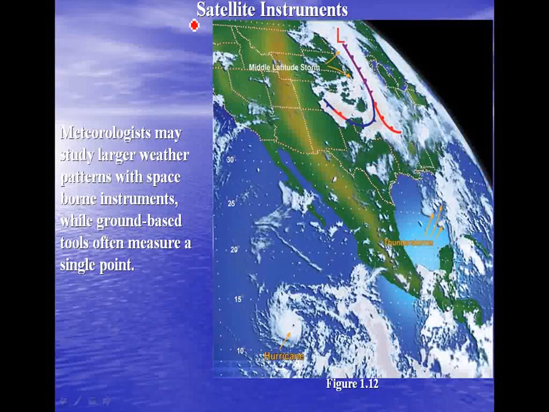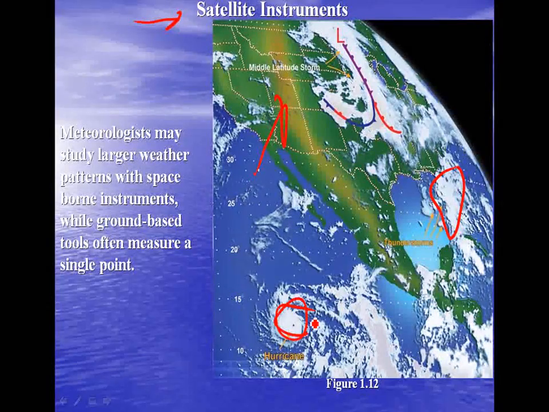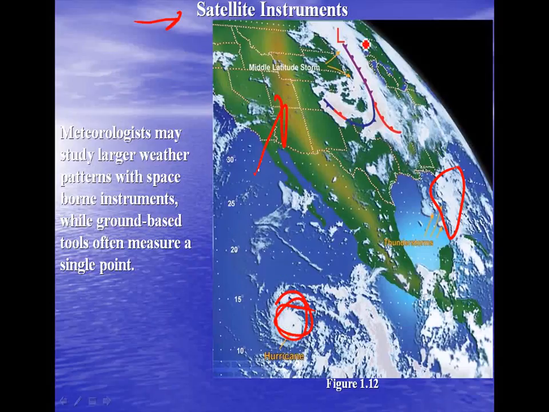Also in meteorology, we use satellites to look at the weather. This particular figure here probably looks very familiar to you if you watch the evening weather. This is what we call a satellite image. And you see all the different clouds. This is the U.S. You see a hurricane down here in the South Pacific. You see clouds up over just east of Iowa when this particular picture was taken.